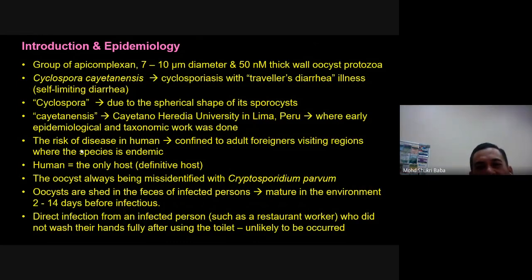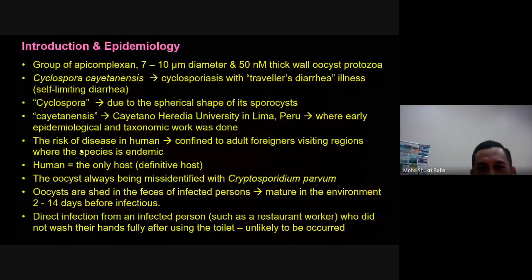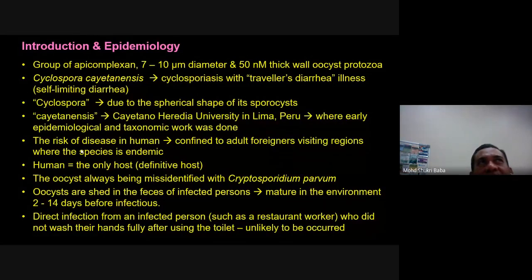Alright, so because penghijrahan waktu daripada waktu Malaysia ke waktu barat. Jadi berlaku dekat situ travelers diarrhea menyebabkan your body system tu imbalance. Alright. So cyclosporiasis can lead you to experience a travelers diarrhea illness.